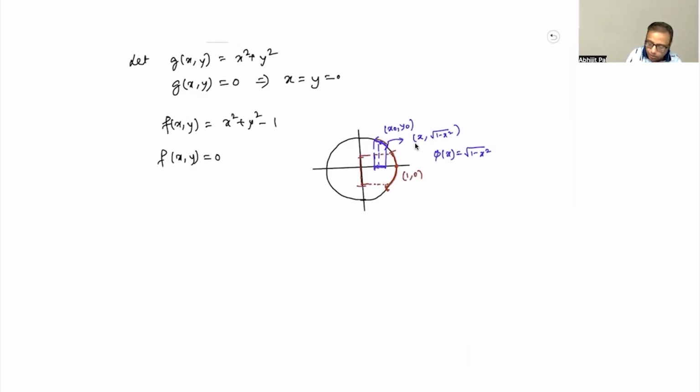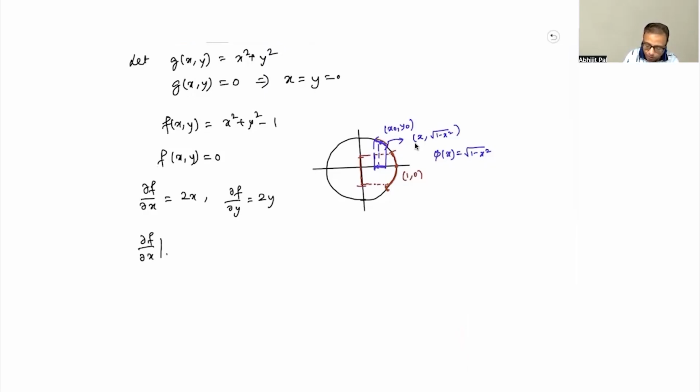Note that if I compute the partial derivatives, del f/del x equals 2x, and del f/del y equals 2y.